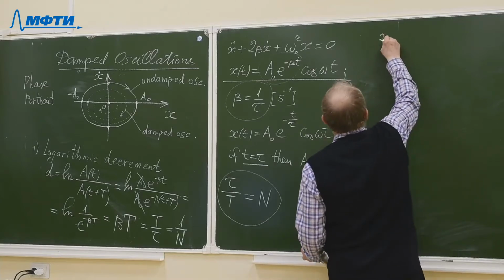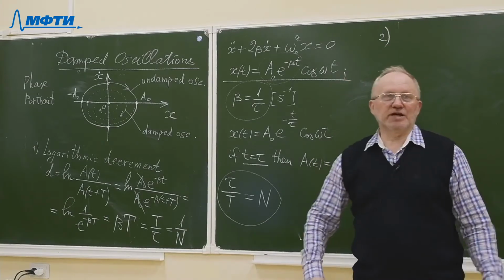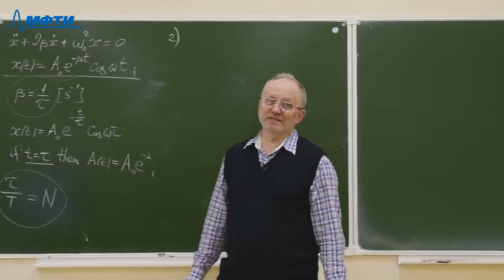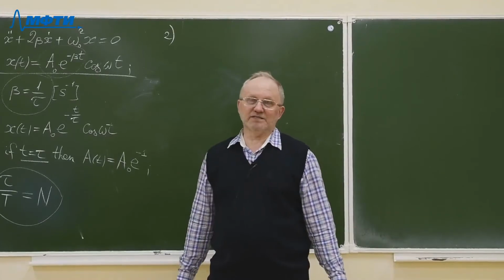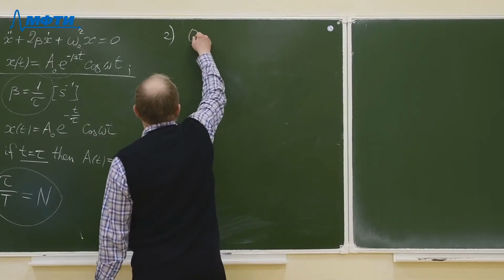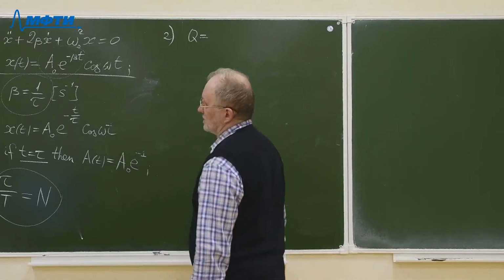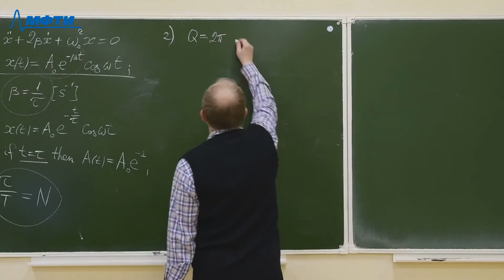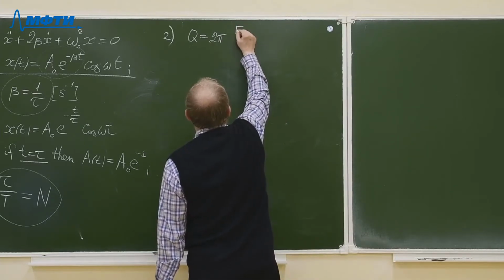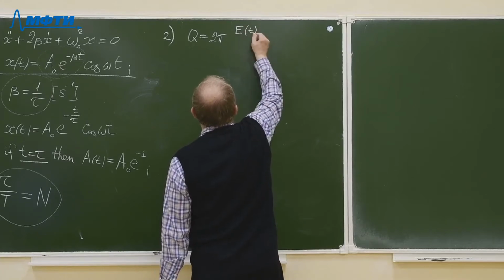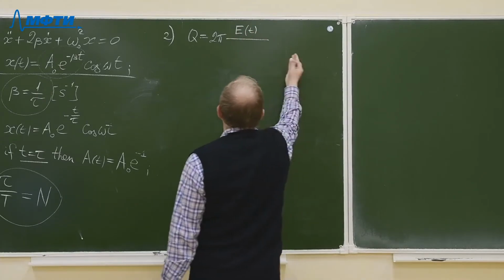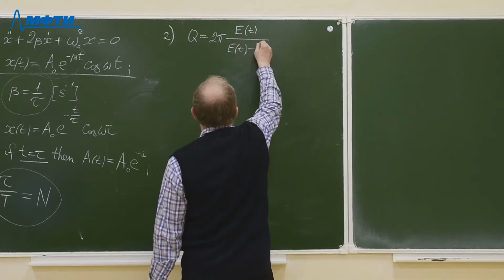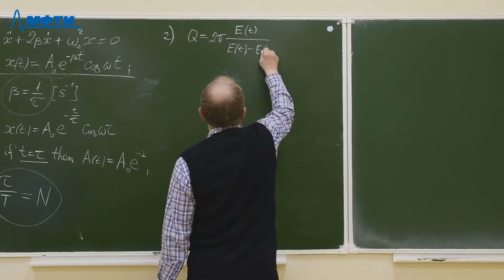Another important quantity which is used to characterize damped oscillations is the quality of the oscillator, or quality factor, or Q factor. By definition, it is defined as 2 pi times the energy of oscillation at time moment t divided by the energy loss during one period of oscillations.